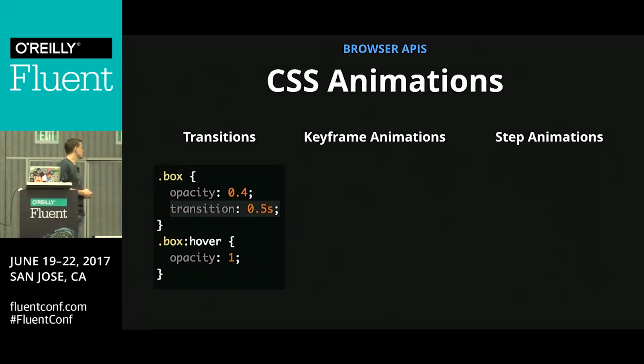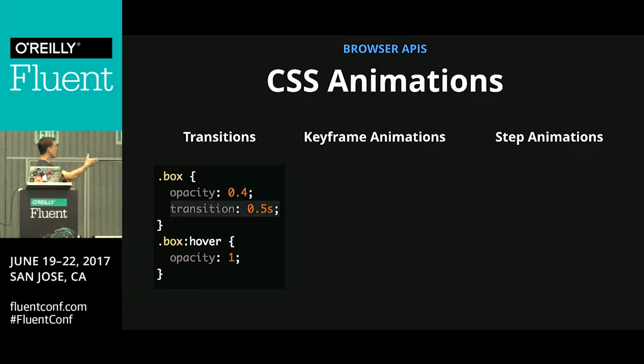Transitions, the way it works is you get a class, and then you have a property on that class that you want to change. Like in this example, we have the opacity, right? We want to change the opacity from 0.4 to 1. And that change happens when you hover over the box.